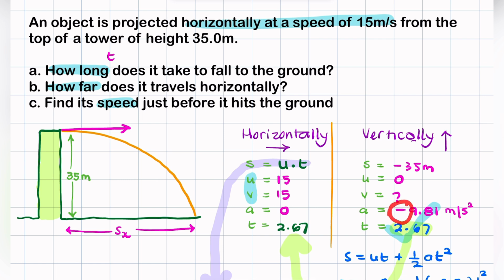If you don't choose to use a negative sign, if you think of it as accelerating in the positive sense, getting faster, you can use a positive sign there, but then you would need your displacement to be positive too. Okay, so that's how you would answer a question like that. I hope you found it helpful.